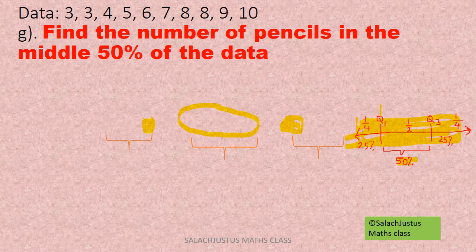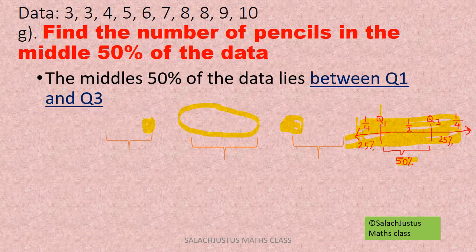Where Q1 is at this point, it represents the lower quarter, a quarter of the data, that is 25%. Where Q3 will be represents the upper quarter, so it's another quarter, 25%. What will be left at the middle is 50%. So the lower quarter 25%, the upper quarter 25%, making 50%. So whatever remains at the middle shall be called the middle 50% of the data.